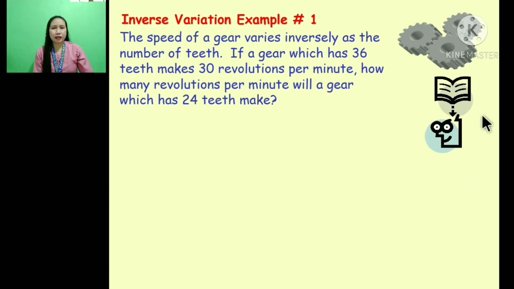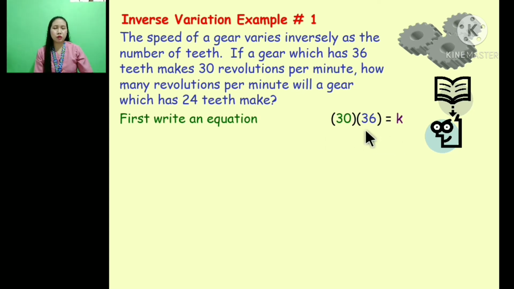Okay, so we have our first step, write an equation. Here, we have the equation y is equal to k over x, or k is equal to y multiplied by x.